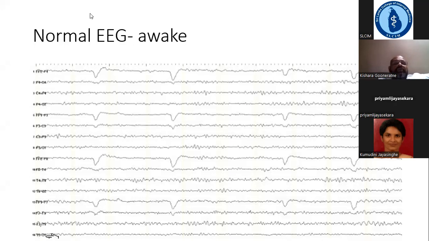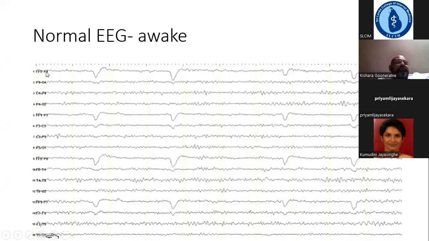And you notice that as it goes from anterior to posterior, the amplitude of the EEG signal has increased. You can see that quite clearly here, right? And also this is alpha activity, and it is very prominently seen in the posterior leads.